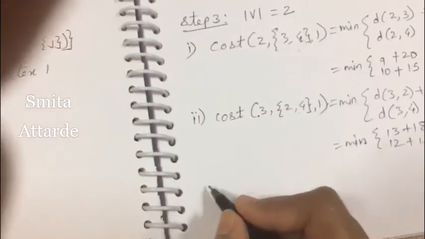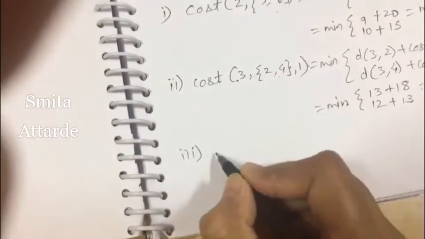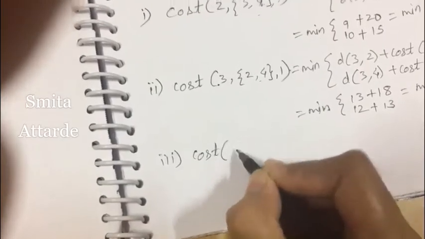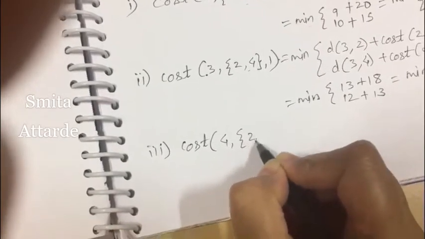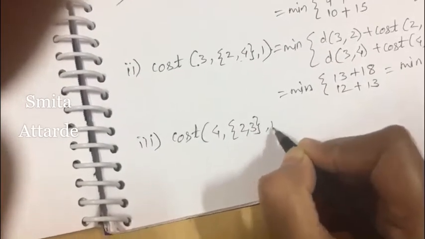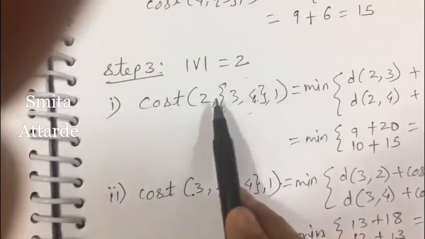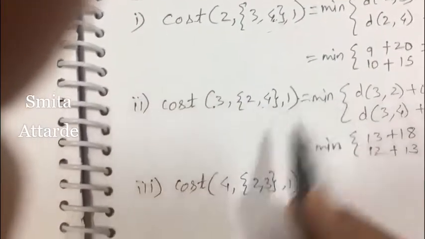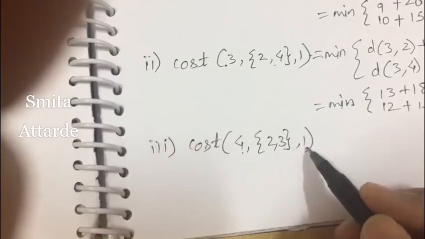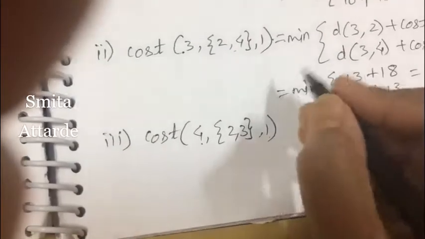Now the third case, minimum path from 4 when the intermediate vertices will be now 2 3 1. We have considered 2 to 1 path, 3 to 1 path. Now the last case is 4 to 1, so intermediate vertices will be 2 and 3.